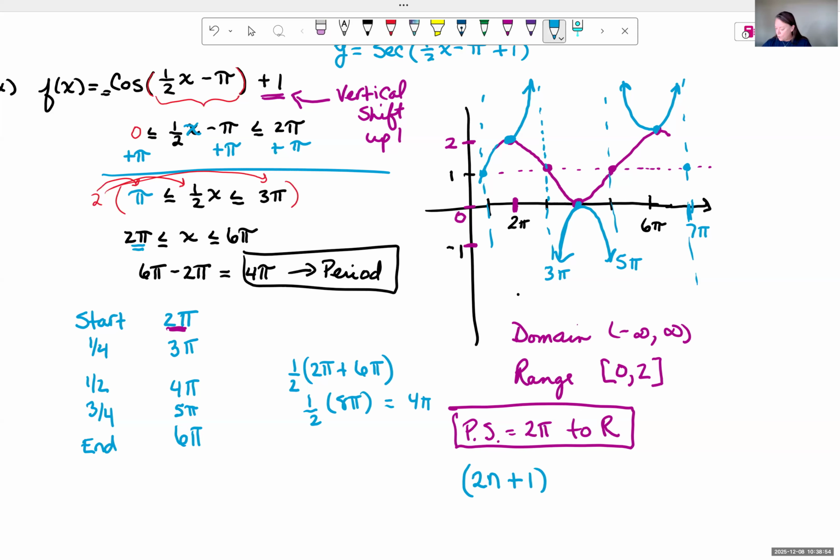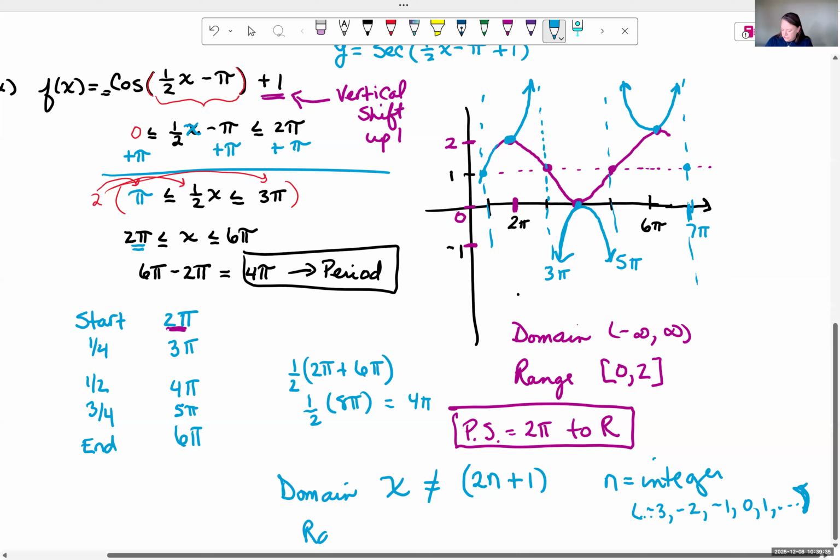So 2 times n plus 1 is an odd number. So our variable x cannot equal 2n plus 1, where n is equal to an integer. So integers are the numbers like negative infinity, dot, dot, dot, negative 3, negative 2, negative 1, 0, 1, dot, dot, dot. So that's our domain of the reciprocal function.